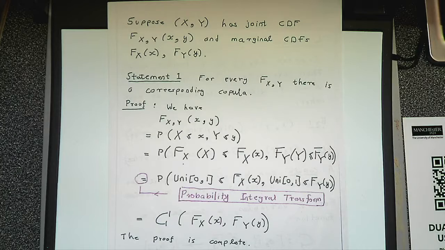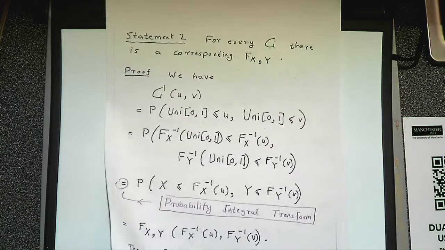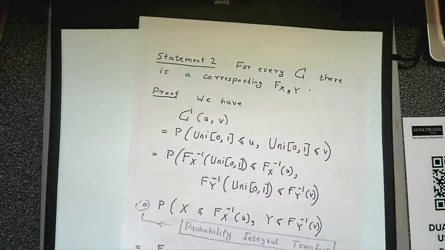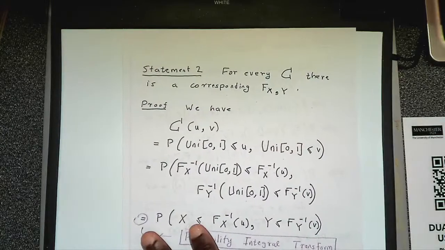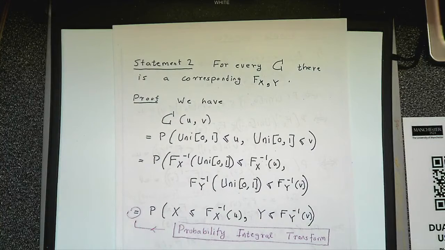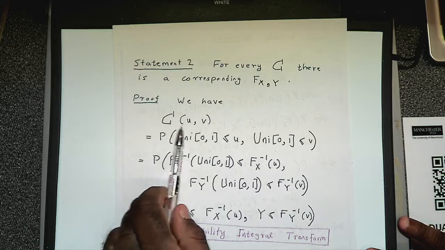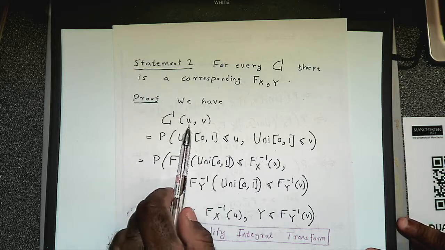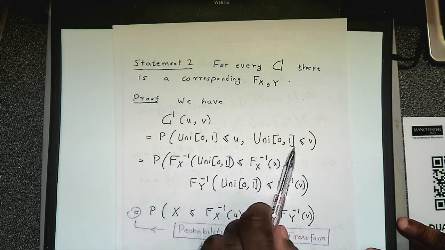If you're just coming in, we are just talking about copulas. All right, so this is statement 1. Statement 2 is this: for every copula C, there is a corresponding joint CDF of X and Y. To prove this, you start with C(u, v), which by definition is this.